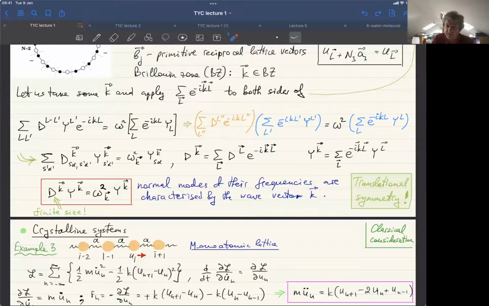Of course, we shouldn't fool ourselves. We initially had an infinite size problem, so we should still end up with an infinite size problem. But you see, the difference is fundamental. Here we have an infinite number of finite sized problems to solve. So we can actually solve this problem for any K vector in the Brillouin zone we like. The number of K vectors is infinite in the Brillouin zone, or very large.